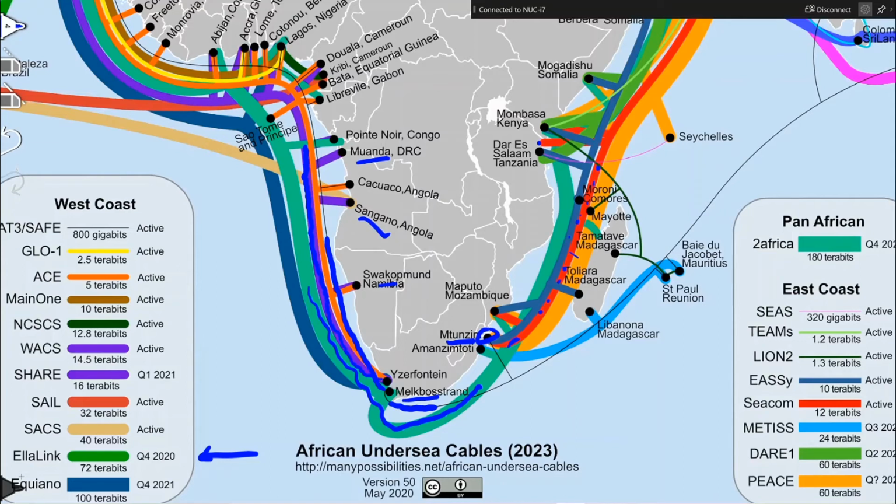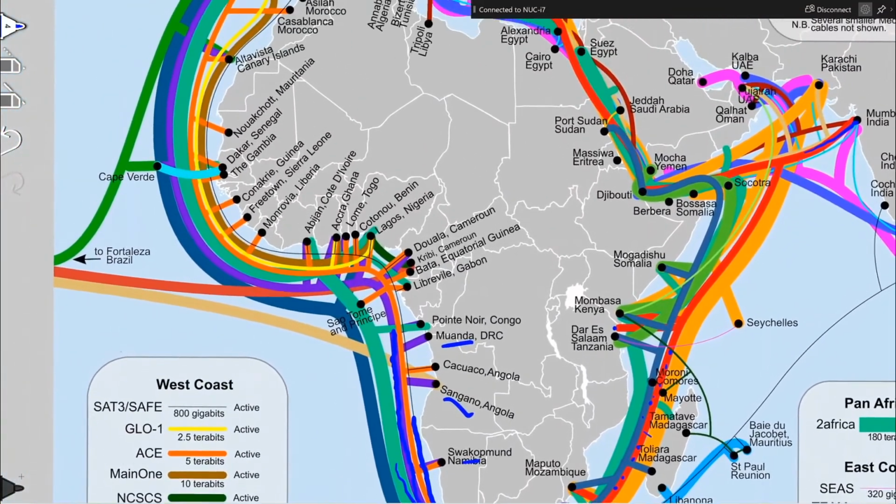You can also see this dark blue, greyish one that is coming there. It seems from Esterfontein, but maybe Melkbosstrand, Equiano, which is supposed to be active in the fourth quarter of 2021. So again, one that is worth going to the website to see exactly what the progress is and what happens.